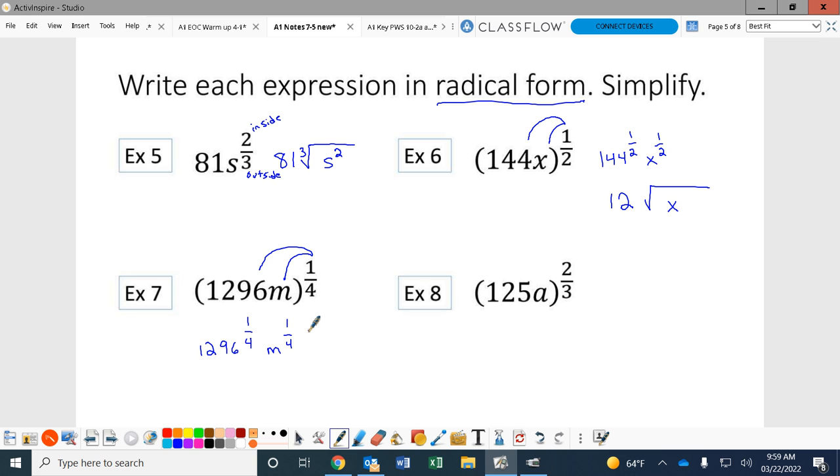What's 1296, power button 1, fraction button 4? What was it? 6? Yes? Okay. Just can't hear you. 6. Perfect. And then the M to the 1/4 we have to write under the radical. M's going to go here. Since it's got a 1 on top, we don't write anything here, but the index on the outside is going to be 4.